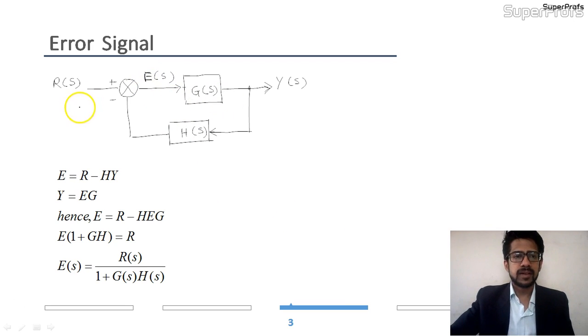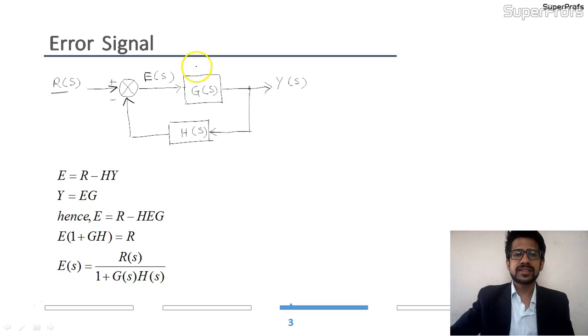This is our particular block diagram in which, as you can see, we have given the input R of s and a feedback is coming from the output Y of s getting multiplied by H of s and is subtracted from the reference signal R of s, which ultimately generates an error signal E of s, and this error signal is fed to the controller block, or say the gain of the system, and according to this error signal we get the output of the system.